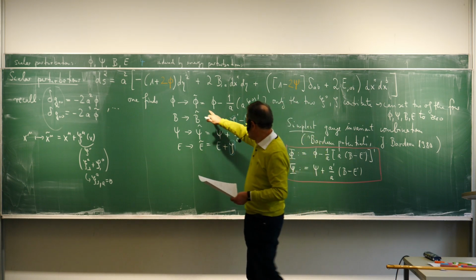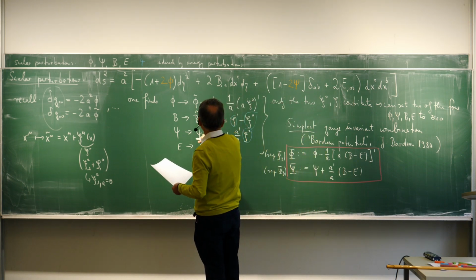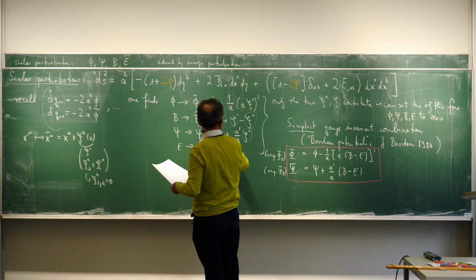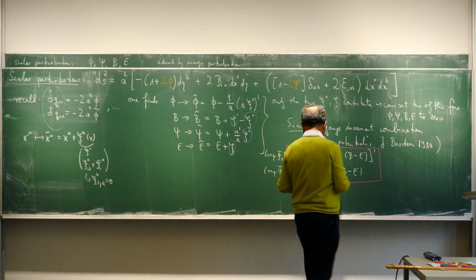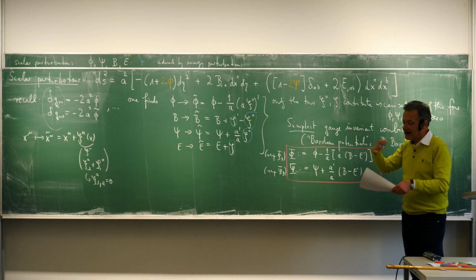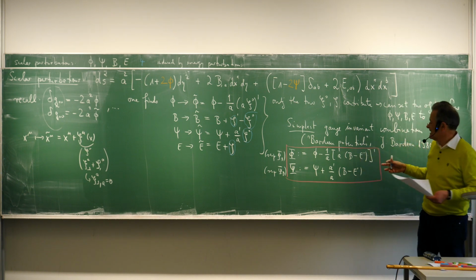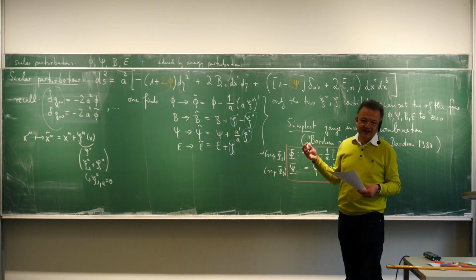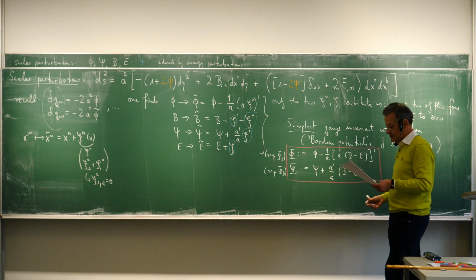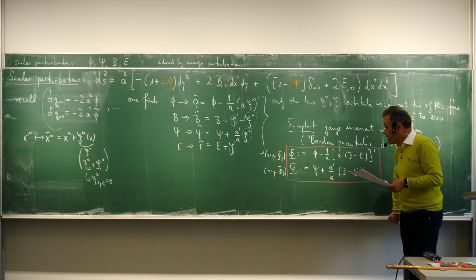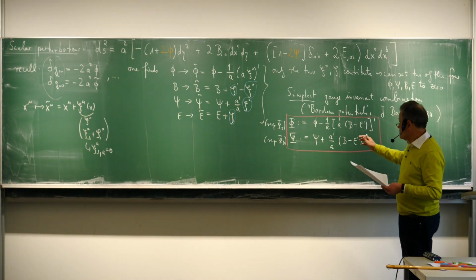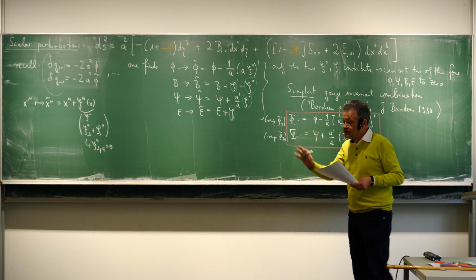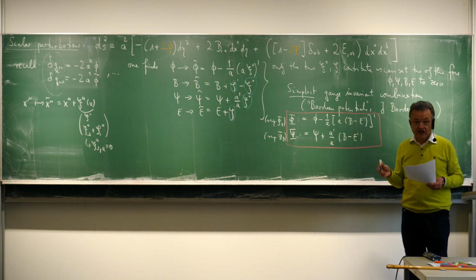So here the φ' and the B' and the E', and then you will see in 2 or 3 lines that there are cancellations, and that the capital Φ̃ is the same as the capital Φ without tilde. And the same holds for the Ψ. So whatever coordinates you use here, they are unchanged.